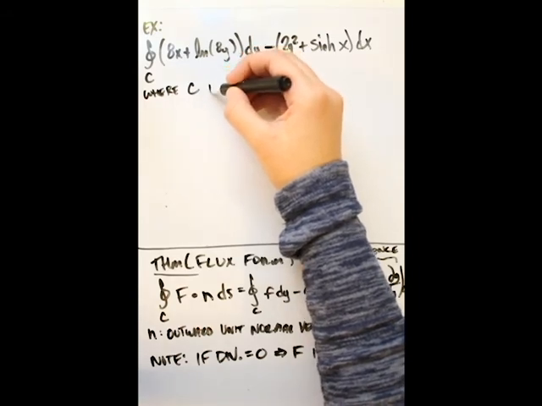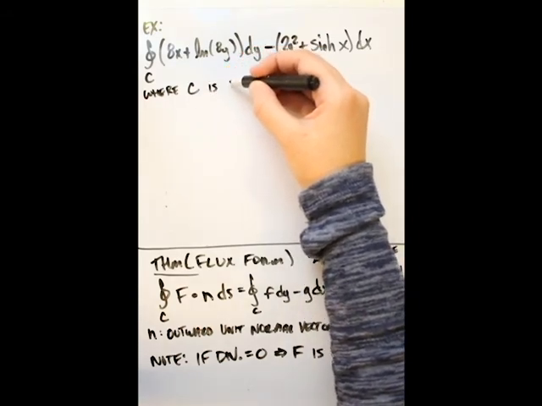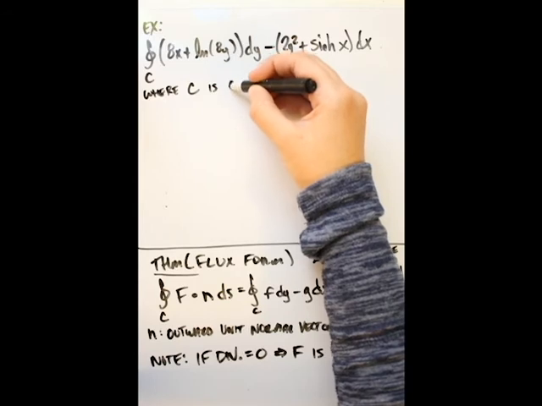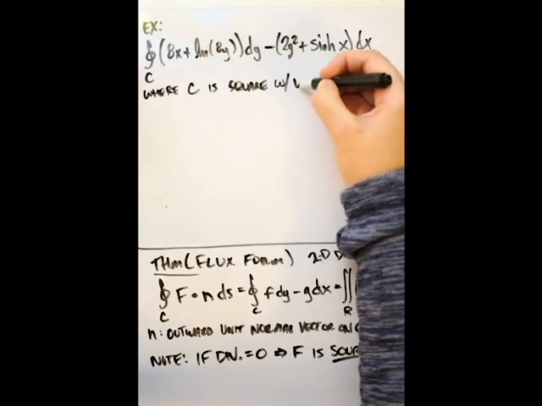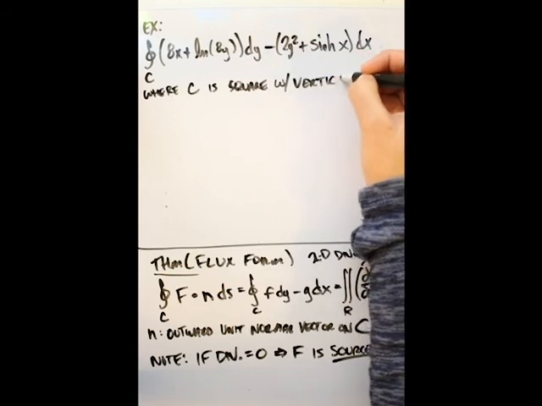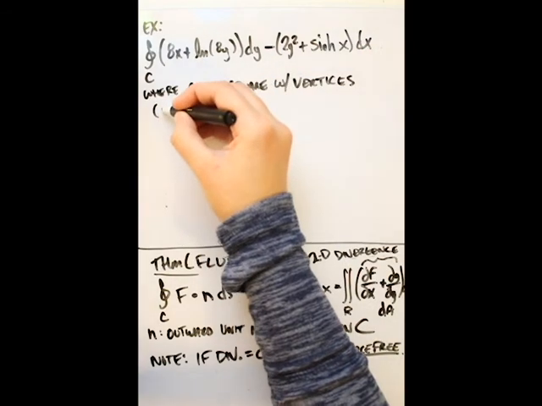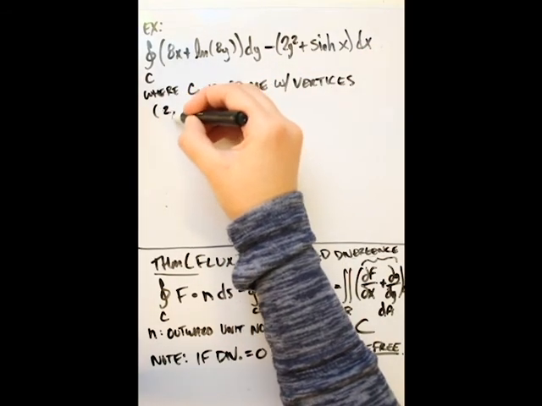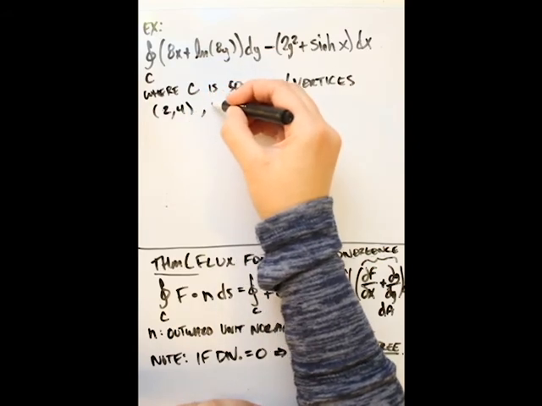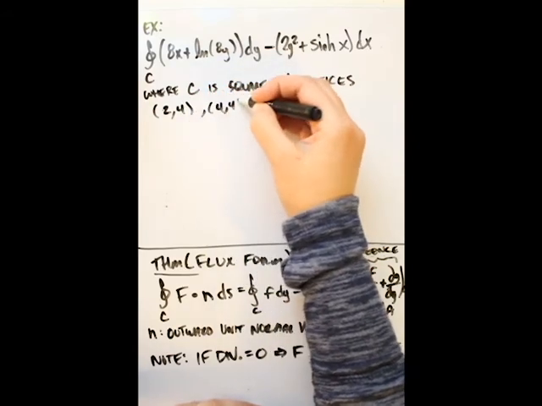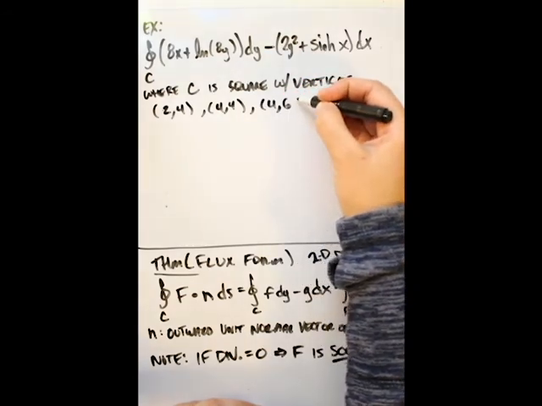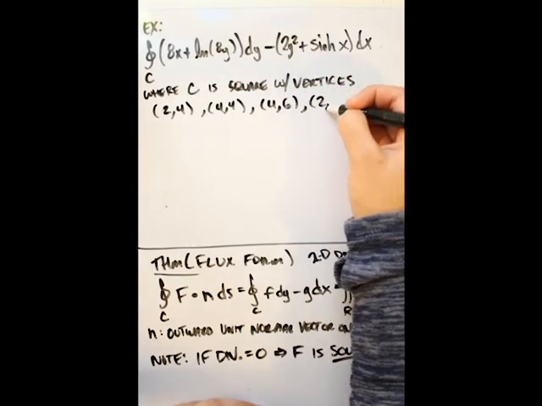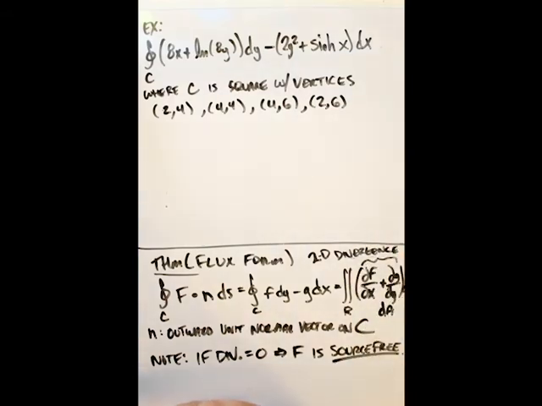So where C is a square with vertices (2, 4), (4, 4), (4, 6), and (2, 6).